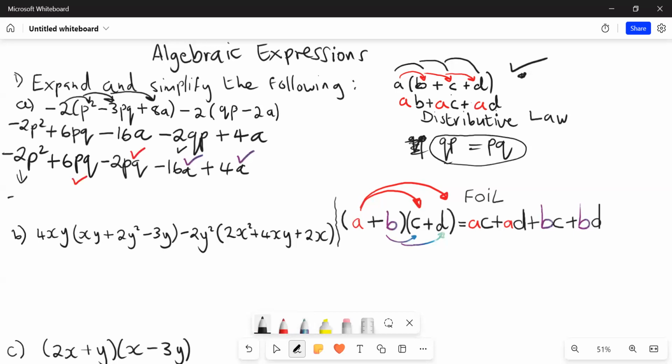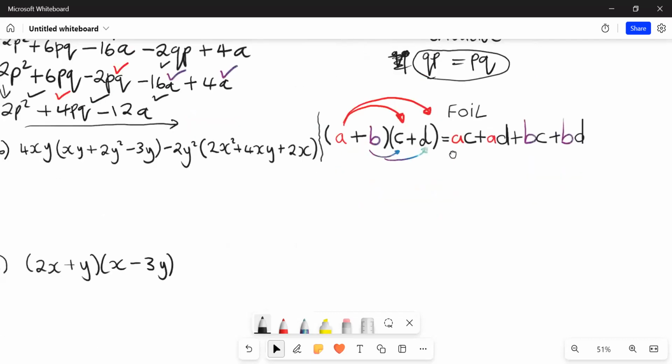So we have -p squared, 6 minus 2, that's plus 4pq, and then -16 plus 4, that's -12a. We got our final answer. So these three terms are not like terms, so we cannot add or subtract them, which means that's our final answer, right?